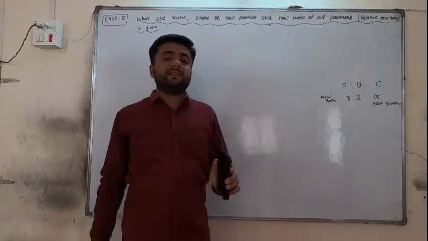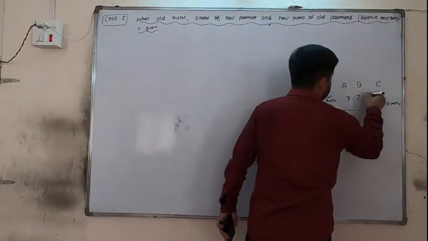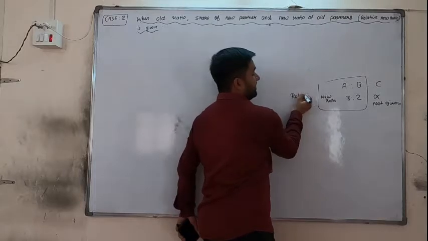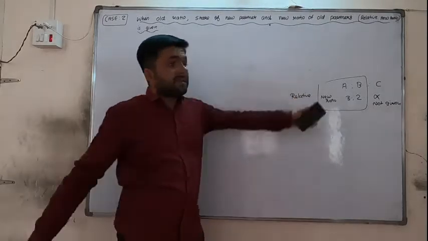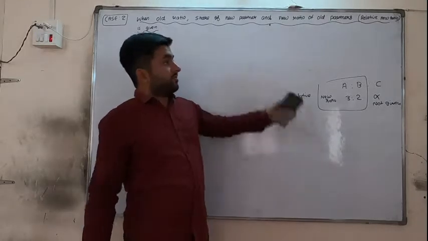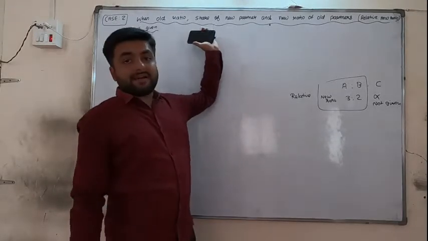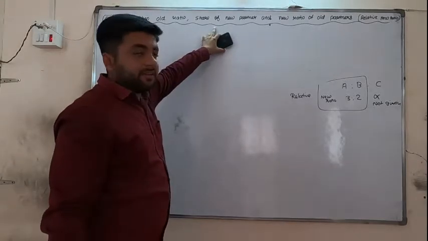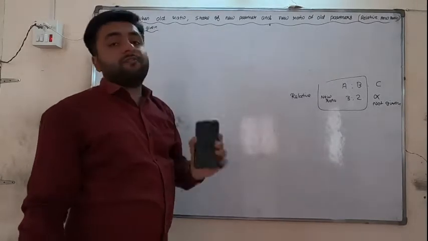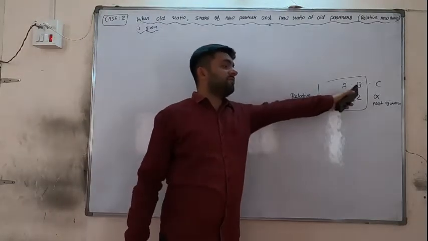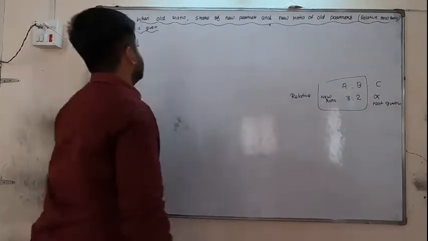So it will mean that when one partner is excluded, then this new ratio will become relative new ratio, because one more partner is to be added. For that we need relative. So here, comparing to case 1, old ratio is the same, share of new partner is the same, and new ratio of old partners, meaning relative new ratio, excluding the new partner share, is given.